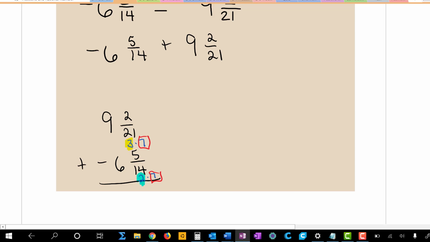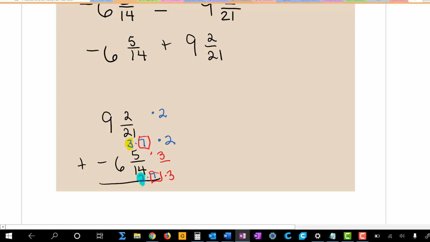So I'm going to take the factor 2 and the number 14. I'm going to multiply that in the numerator and denominator to get an equivalent fraction with a common denominator. Then I'm going to take the 3 and the 21 and multiply that by the 5 and the 14 to get a common denominator.